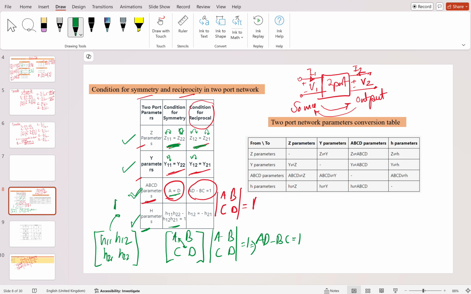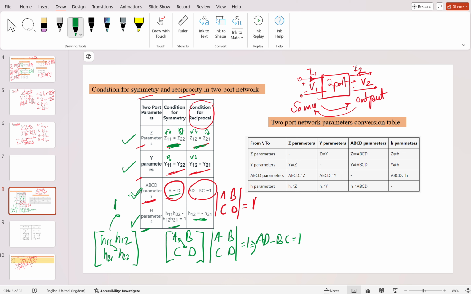Getting my point? In the ABCD parameter, the reciprocity condition is determinant equal to 1, but in the H parameter, the symmetry condition is determinant equal to 1. And here also the opposite diagonal elements are the same. H12 is equal to H21 but negative times.